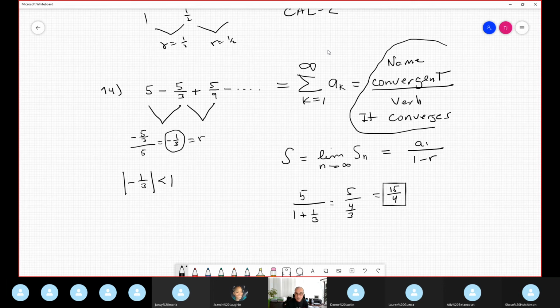It's convergent because it's a geometric series, and the absolute value of the common ratio is less than 1. Otherwise, no. Otherwise, it diverges. That's it. Suppose it's arithmetic, no, never converges. Only geometric is the only one.